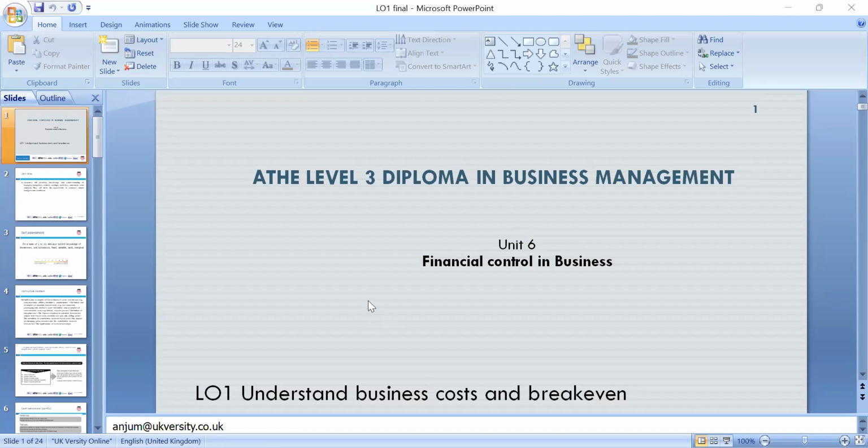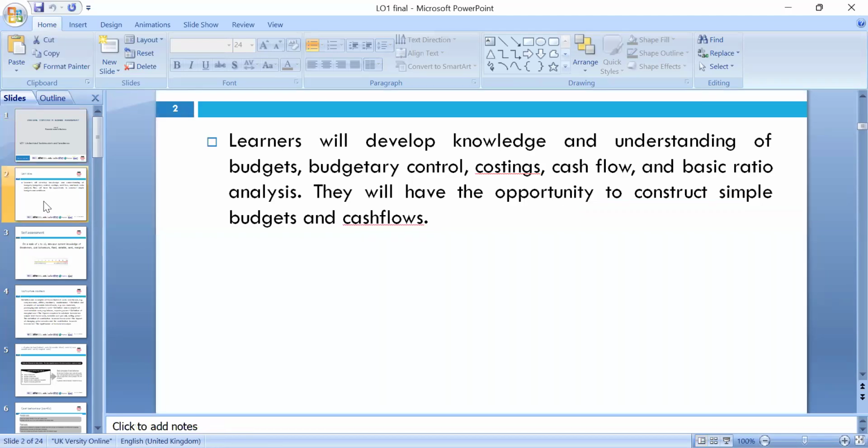Today's lesson will go through LO1, which is to understand business cost and break even. This is my email address. If you need me, you can drop me an email, and we are on the WhatsApp group as well. The key purpose of this unit is to develop understanding about budget, costing, control, and ratio analysis.